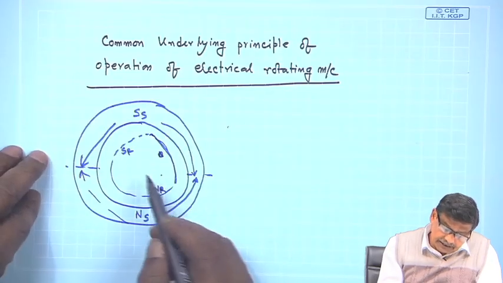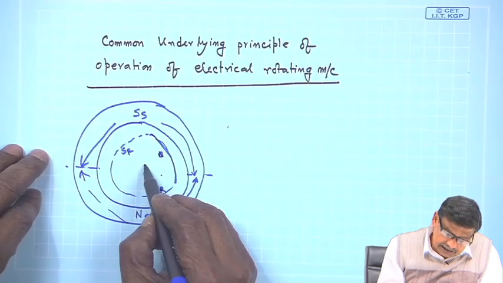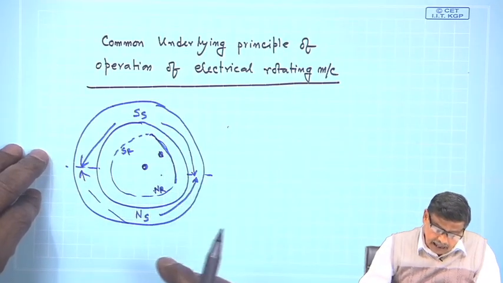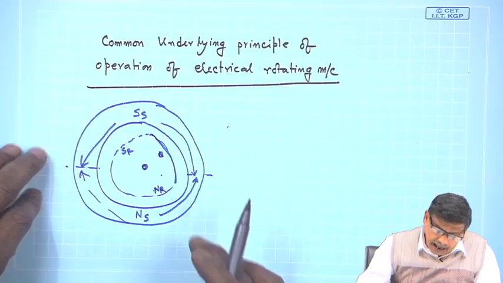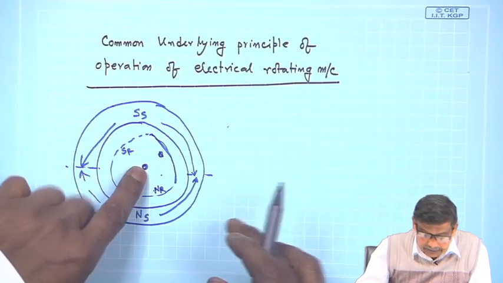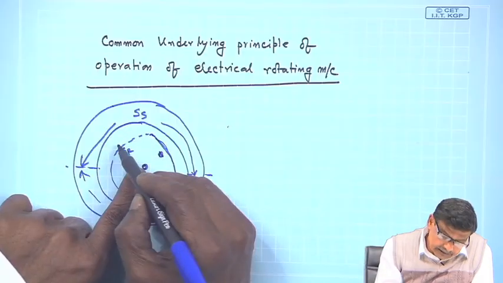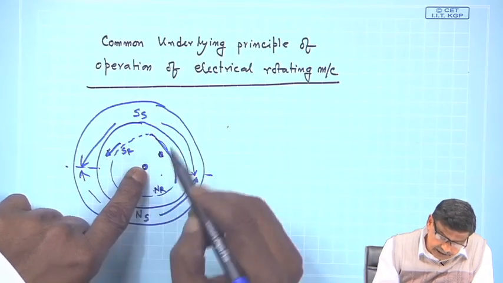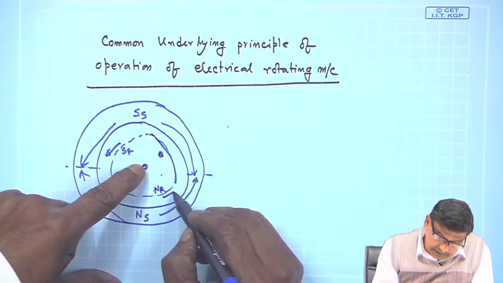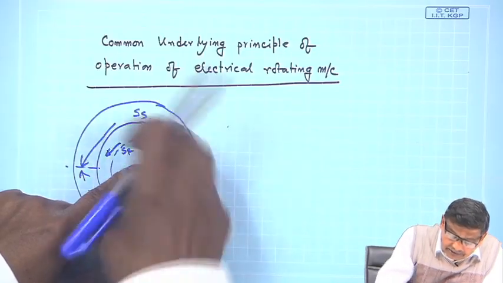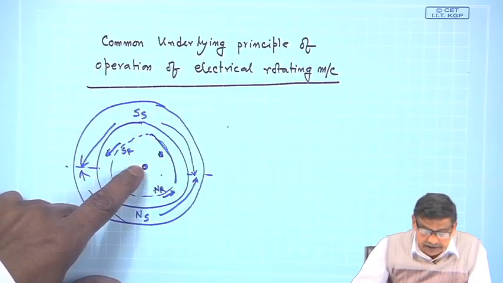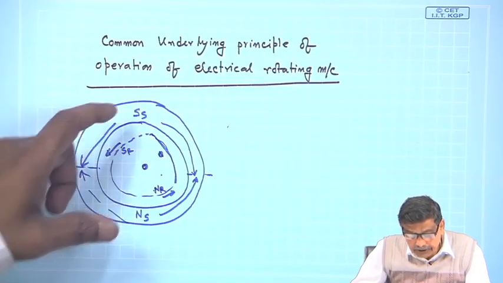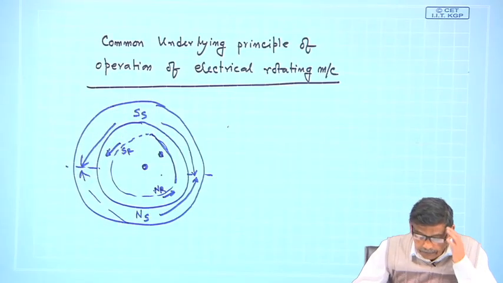Now, suppose it is in this position and there is a shaft here, and I am sure if I hold it by hand, the torque experienced by the rotor will be like this, and it will have a tendency to move in the anti-clockwise direction, because SR will be repelled by SS and so on.